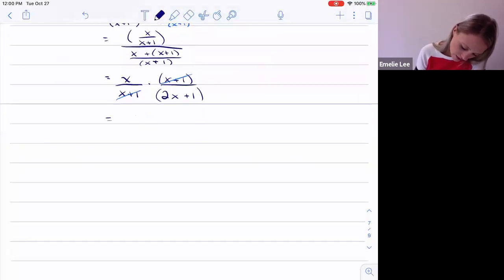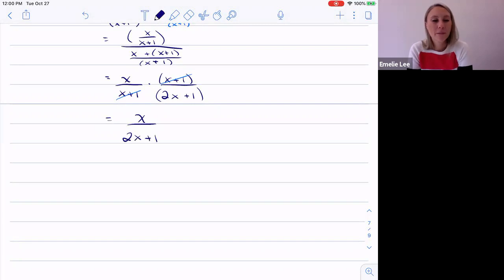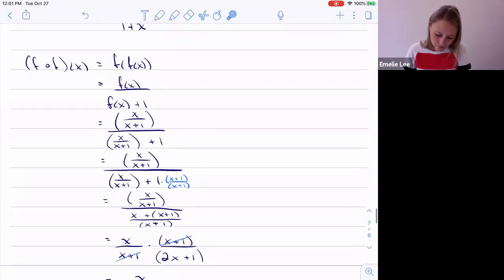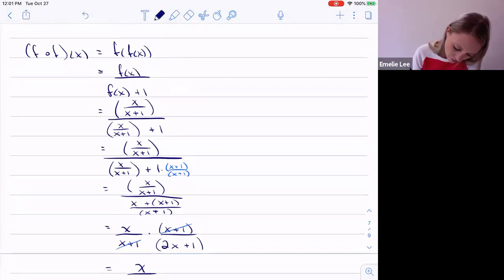So we get x over 2x plus 1. And then there's nothing else that we can cancel because we would have to have an x over here in this term as well in order to pull out that common factor. So now, what if we want to do g composed with g of x?